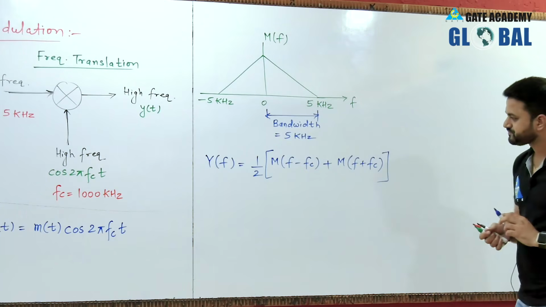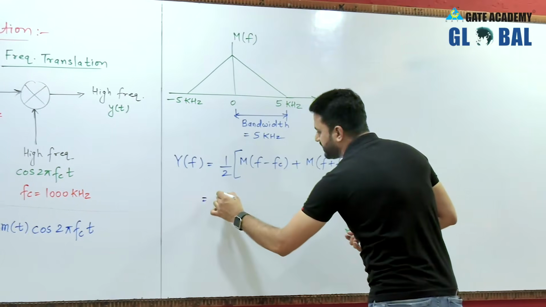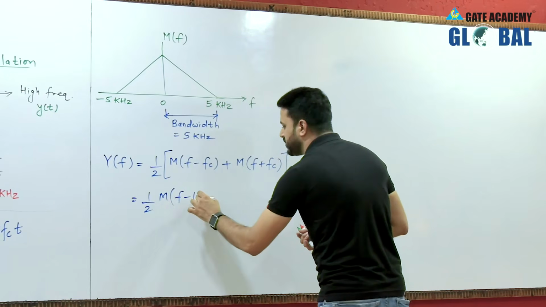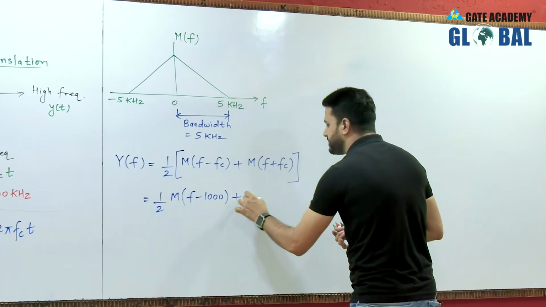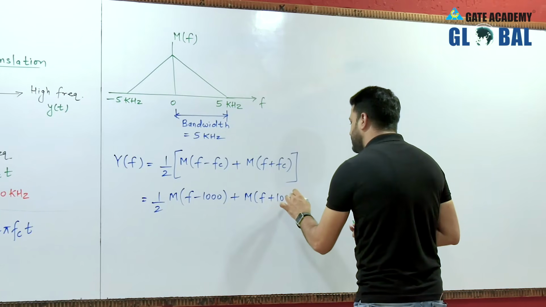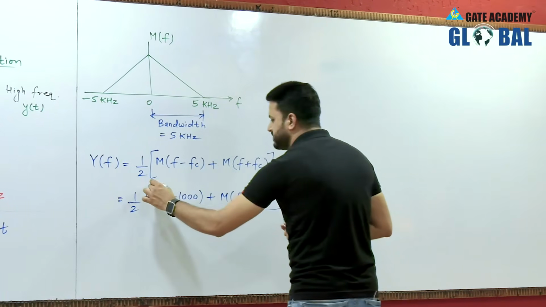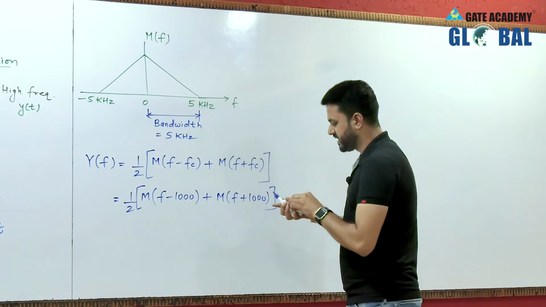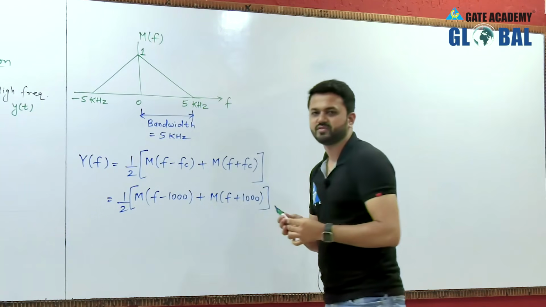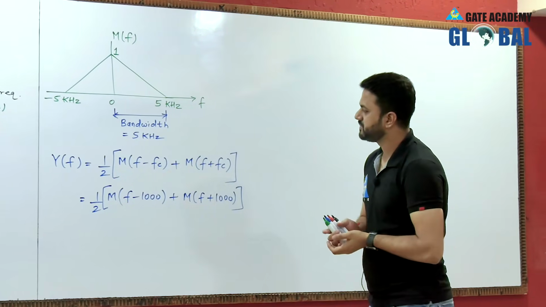Now we have the value of fc, which is 1000, so M(f minus 1000) plus M(f plus 1000). The 1/2 is the amplitude: if we consider the amplitude here to be 1, then the resulting amplitude will be half of the original amplitude.